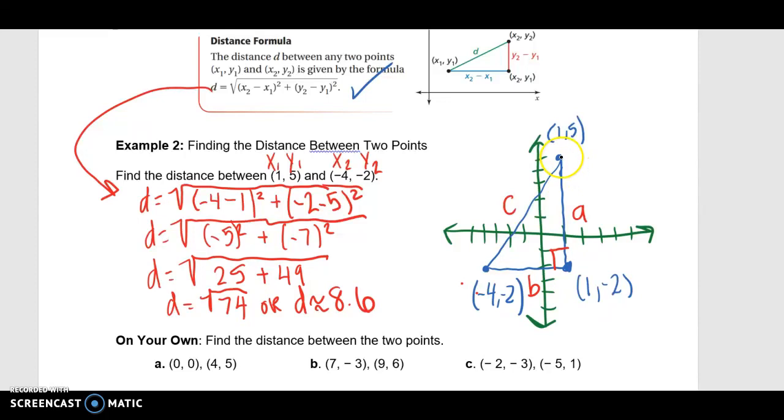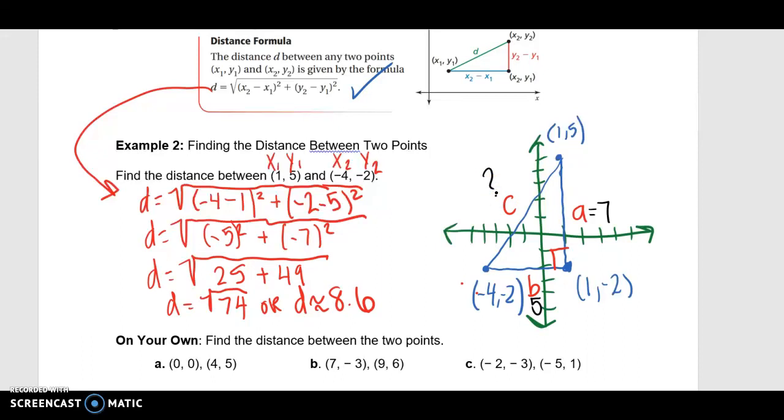I'm going to count the spaces between this point, and that's 1, 2, 3, 4, 5, 6, 7. So A is 7, and then 1, 2, 3, 4, 5. B is 5. My C is my unknown.